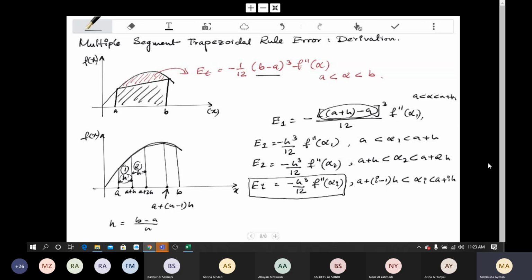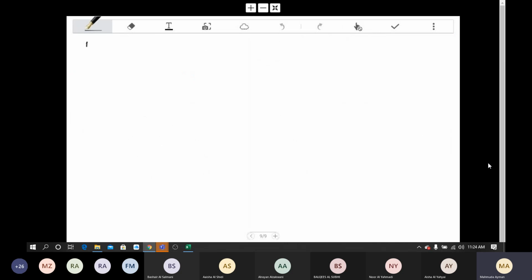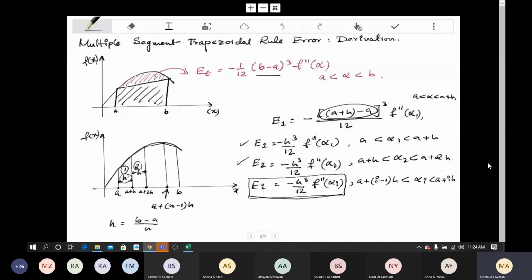And if I add all of these errors that we have got for all the trapezoids, we reach this one here, which is the multiple segment trapezoidal rule error. Now we can write the total true error as, I'll go to the next page now. So the total true error is equal to, again, this is the error for one segment.